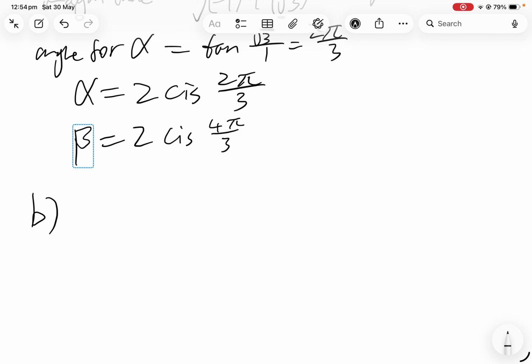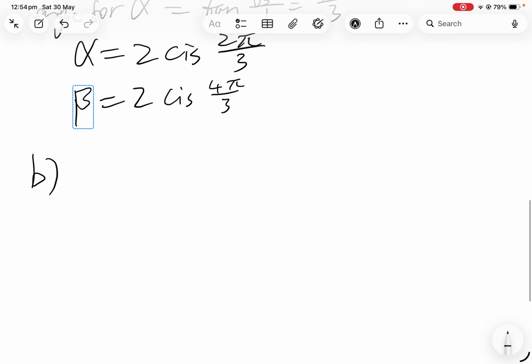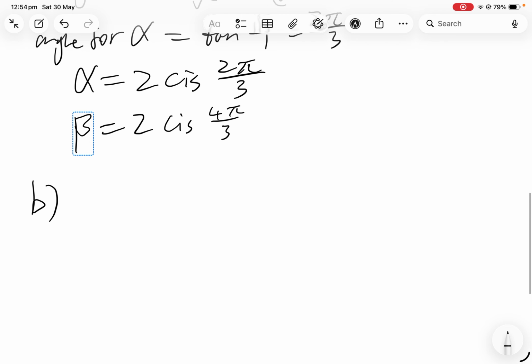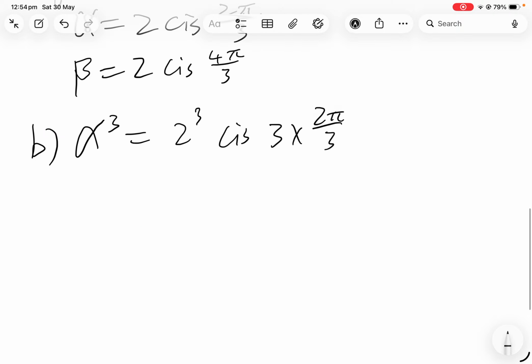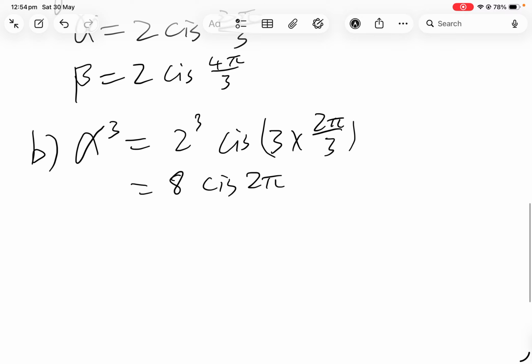And part B, to show that alpha cubed is the same as beta cubed. So alpha cubed is equal to 2 cubed cis, inside we times 3, and that equals 8 cis 2 pi. And beta cubed equals 8 cis 4 pi.